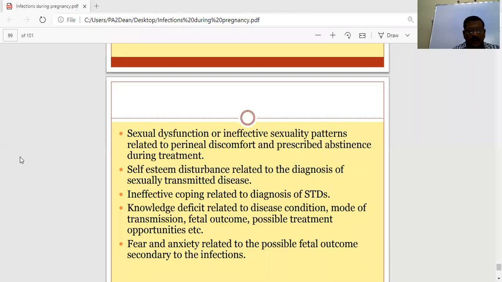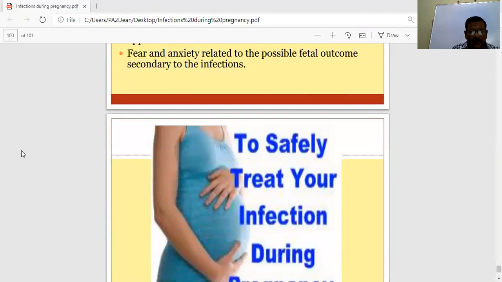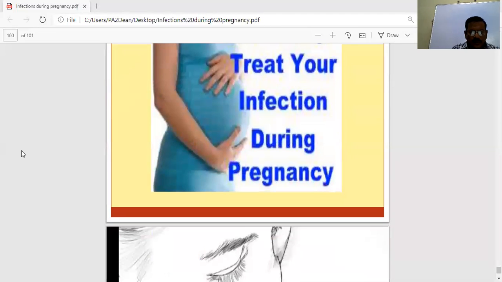Knowledge deficit related to disease condition, mode of transmission, fetal outcome, possible treatment opportunities, etc. Fear and anxiety related to possible fetal outcome secondary to the infections. To safely treat our infections during pregnancy.